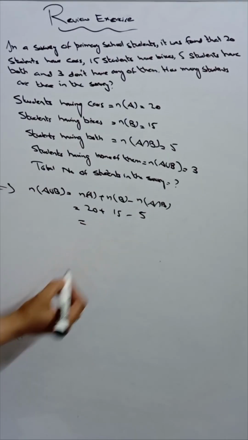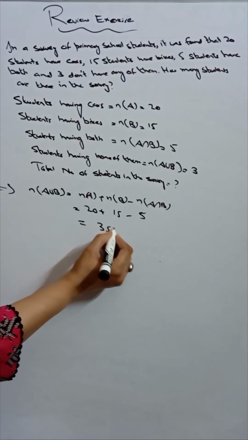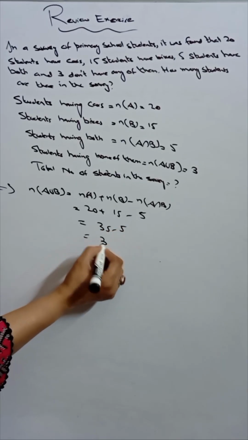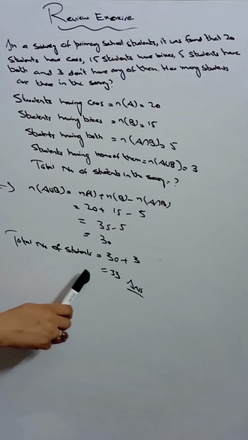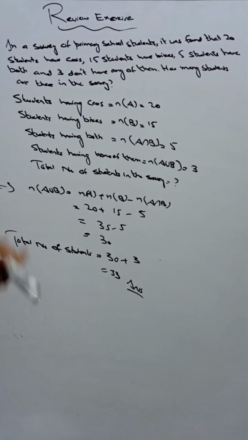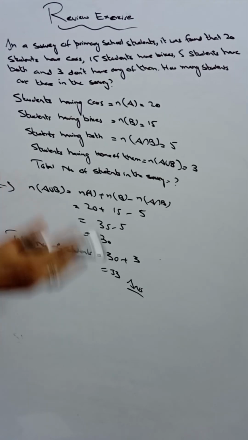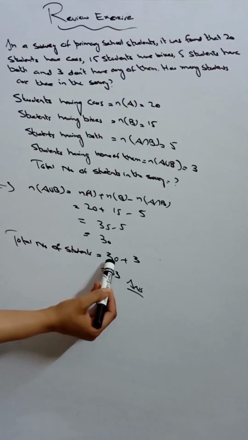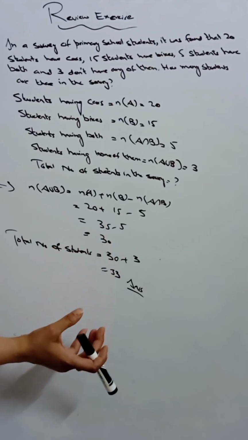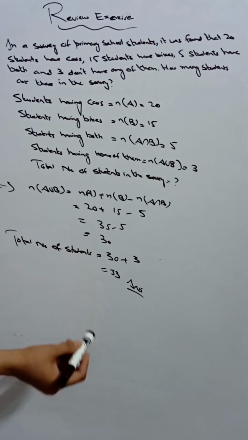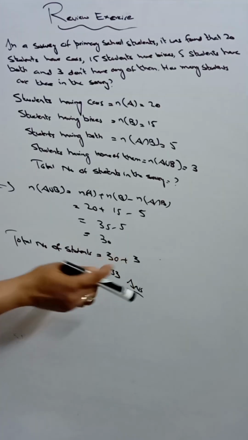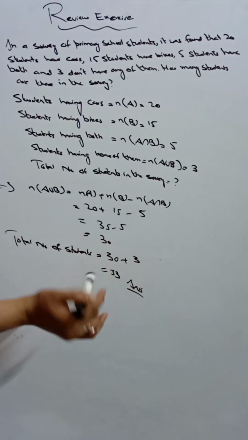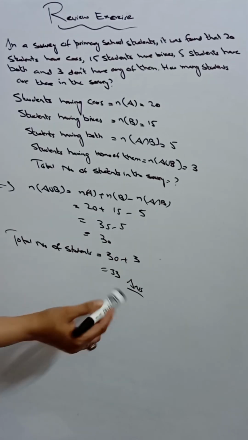So 20 plus 15 is 35, minus 5, that is 30. Total number of students who have bikes and cars. Overall number of students will be 30 who have cars, who have bikes, plus 3 who have none of them. So overall students in the survey is 33.